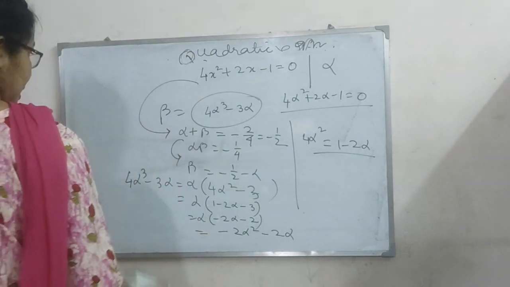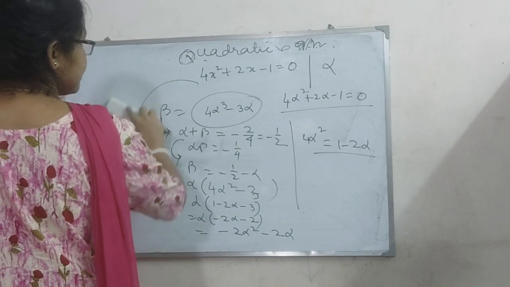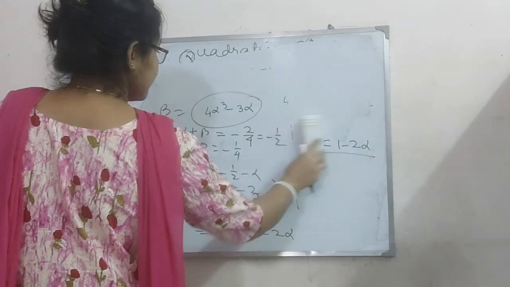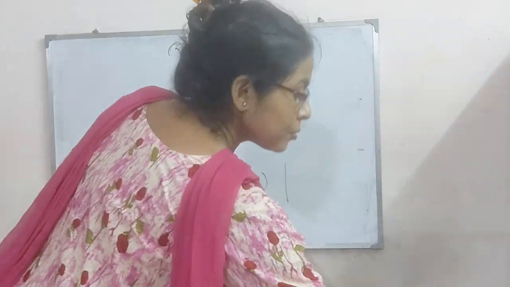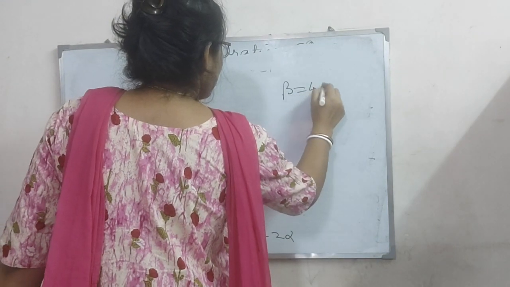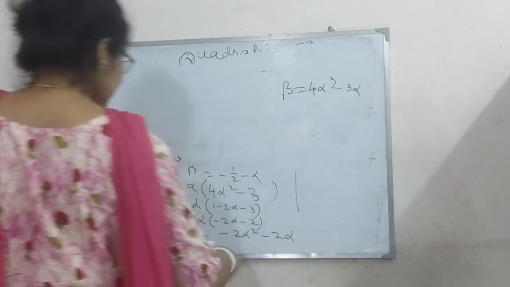From here, we have to prove that beta equals 4 alpha cube minus 3 alpha.